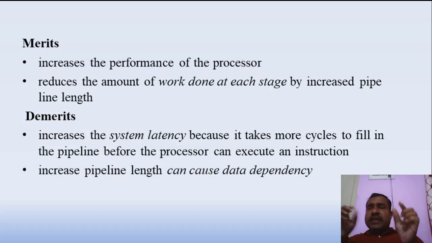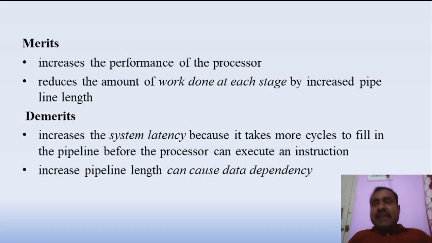For example, in the execution stage I can make 2 blocks: execute and storing. Result storing is sent to the next block, and execution is taken by one more block. If you do like this, the amount of work done at each stage is reduced with the increased pipeline length. If the amount of work is reduced at each stage, again it increases the throughput.